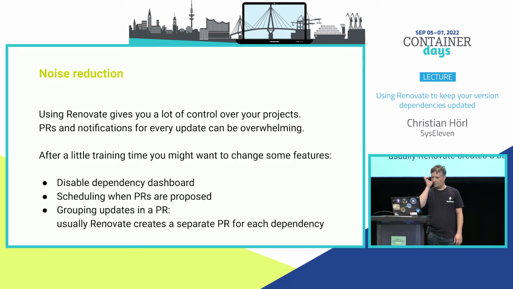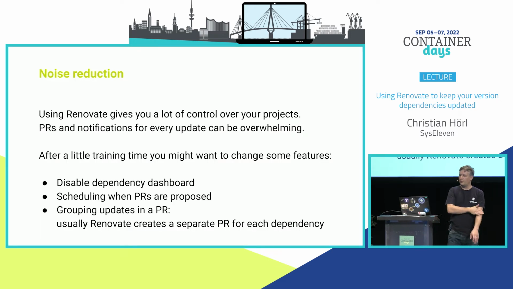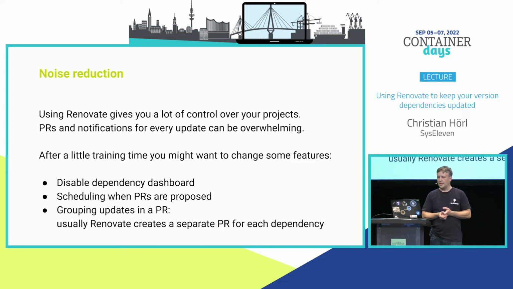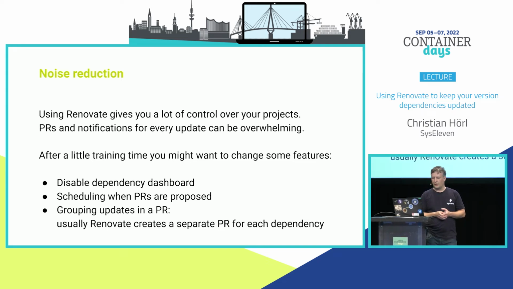Now let's do a little tweaking and tuning. Briefly, you want to reduce noise. Renovate is really giving you a lot of information. It's cool in the beginning, but it can be overwhelming over time. And when you're getting used to it more and more, you might want to reduce a little noise from the tool so it doesn't bother you all the time.